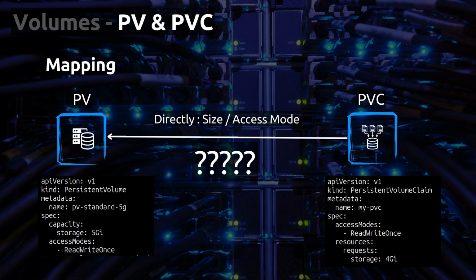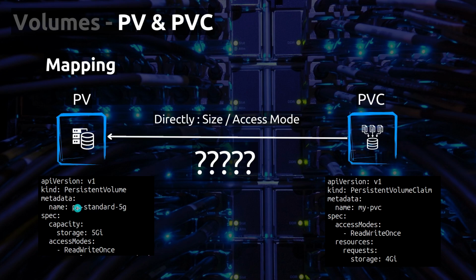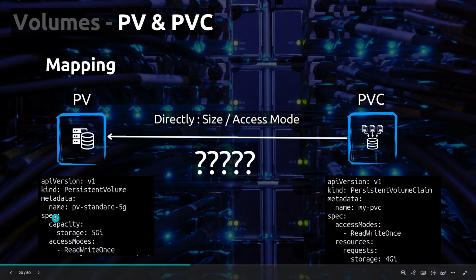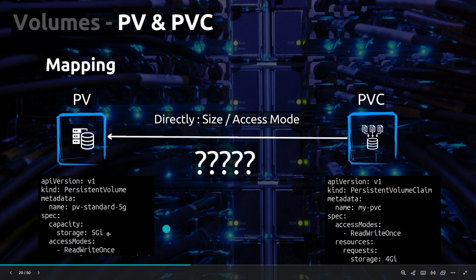So, just to begin, we have the persistent volume on the left, we have the persistent volume claim on the right, and like you see, we have a manifest. For example, here we have the kind PersistentVolume, and like an administrator, we can set the name of our persistent volume, like standard 5 gig of size, and in the specifications, we have the capacity of the storage, and in our case, we want to provision 5 gig of disk.